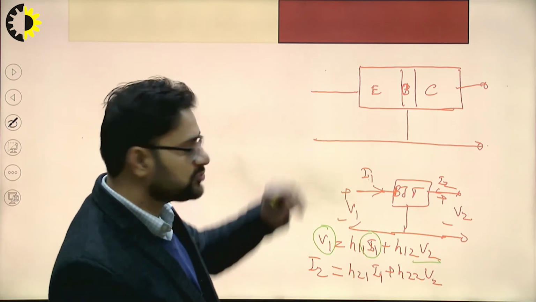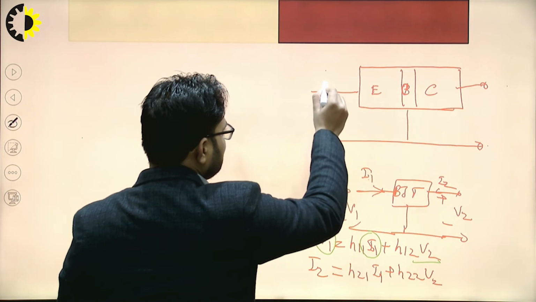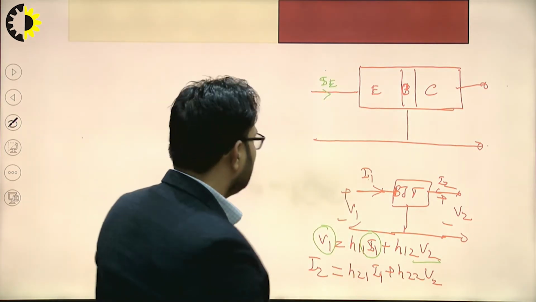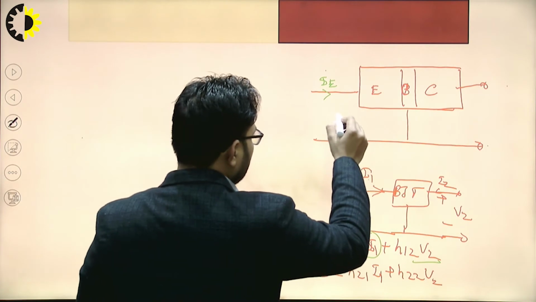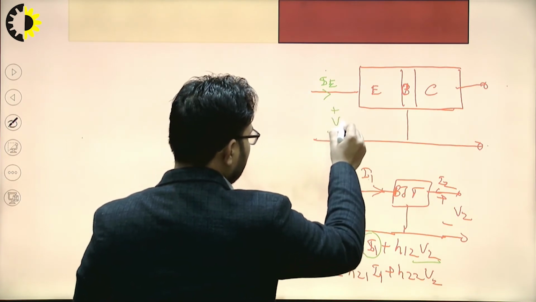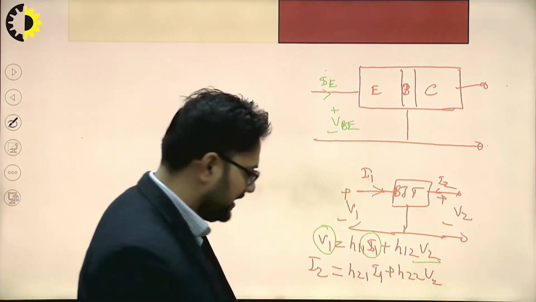So in this common base configuration, what is I1? I1 is IE, the emitter current. What is V1? V1 is VBE. What is I2? I2 is IC.